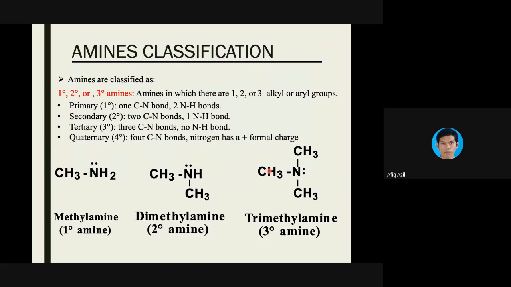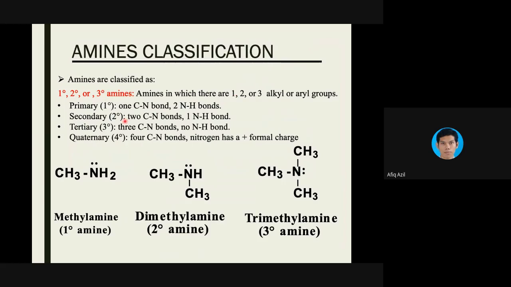So this is how amines are classified. Like the other functional groups, they can be classified as either primary, secondary, or tertiary amines. Some may say there is also a quaternary, but the main thing you have to know is primary, secondary, and tertiary amines, in which the amine contains either 1, 2, or 3 alkyl or aryl groups attached to it.